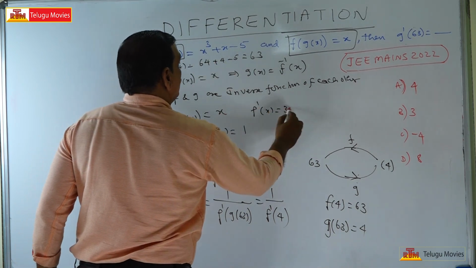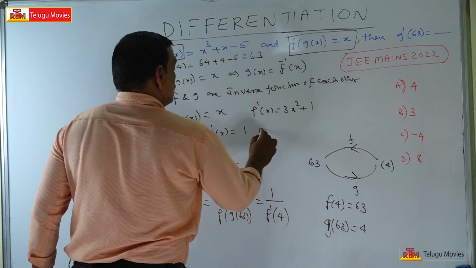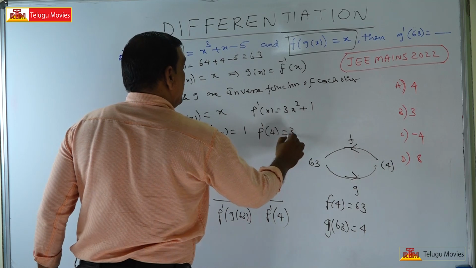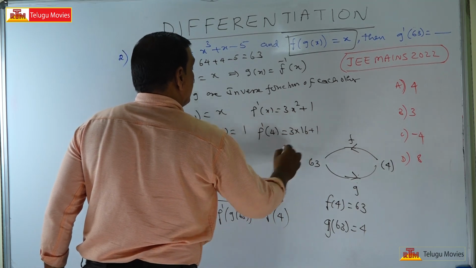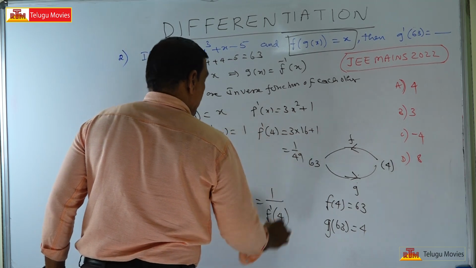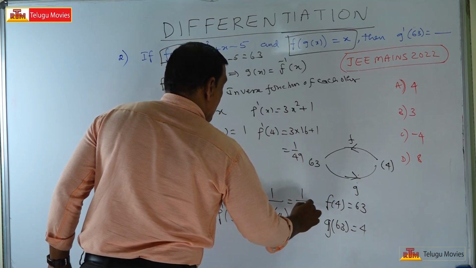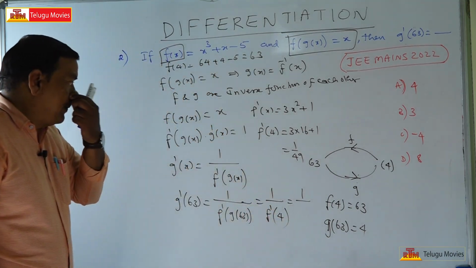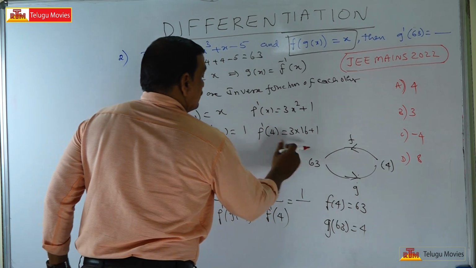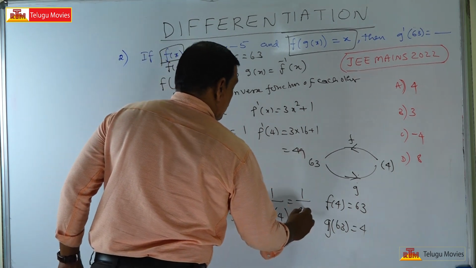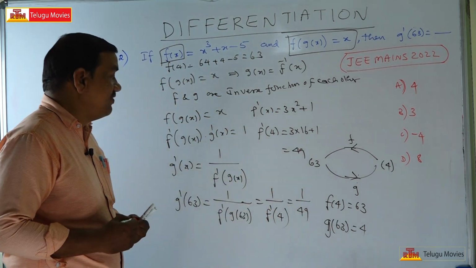This is equal to 3x square plus 1. So f dash of 4 is equal to 3 into 4 square, 16, plus 1, that is equal to 49. So g dash of 63 is equal to 1 by 49.